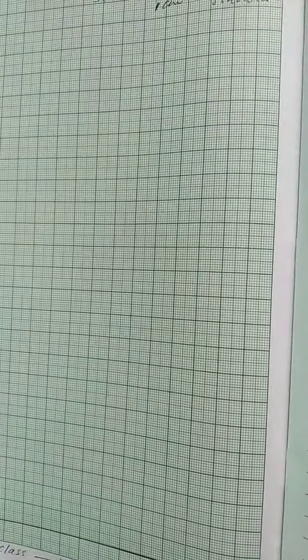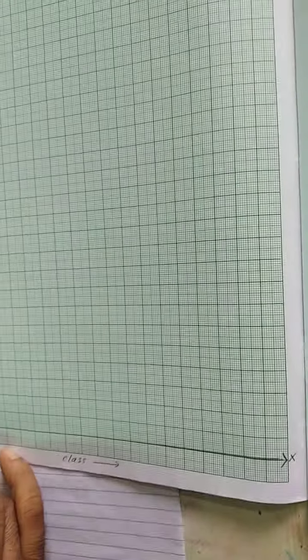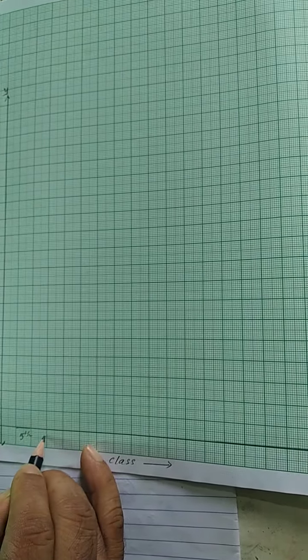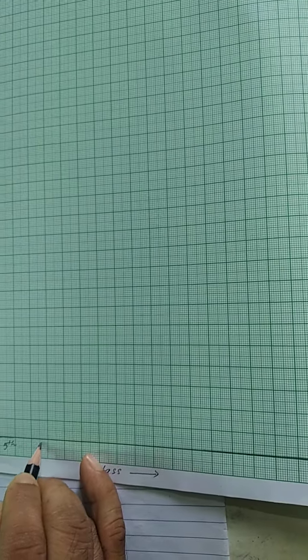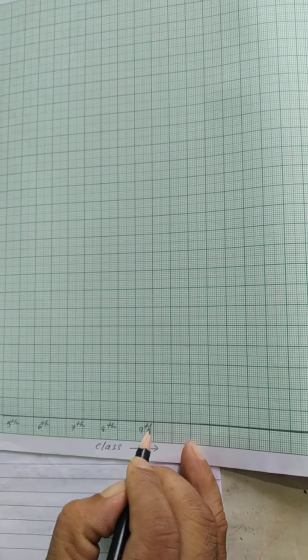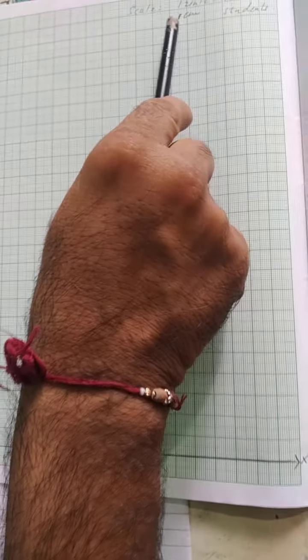See, here on the x-axis, please keep equal distance. I will leave 1 first, right, and then after we'll take the 5th standard. Leave again 1, and 6. 1 again leave, 7, 8, 9th and 10th. Understood?